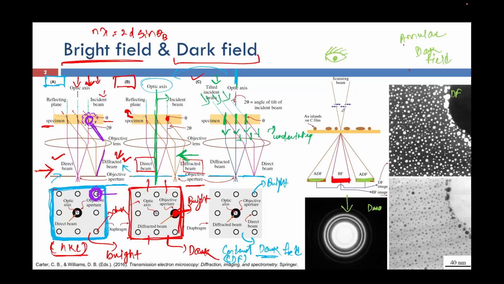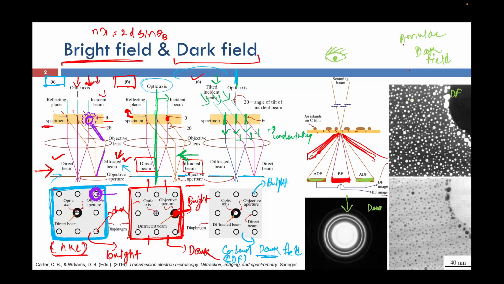And if you want to go to even higher angles, sometimes there will be weak defects or dislocations inside this material, which will diffract the incident beam too much. That means in this direction there is a certain angle associated with them, so they will be diffracting at a very high angle. Those will still be called annular dark field images.